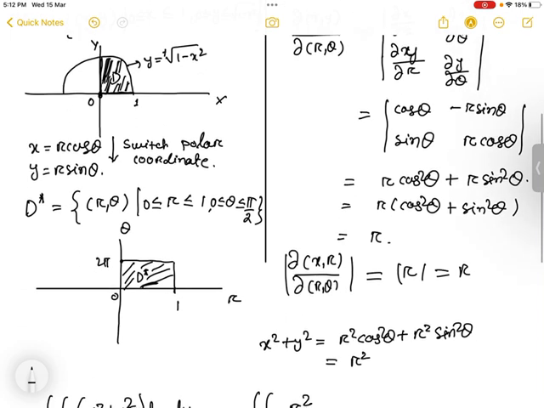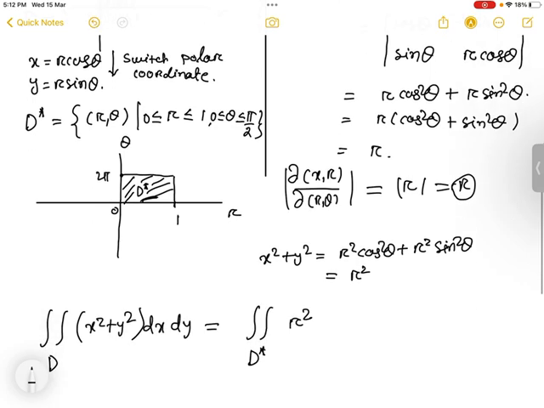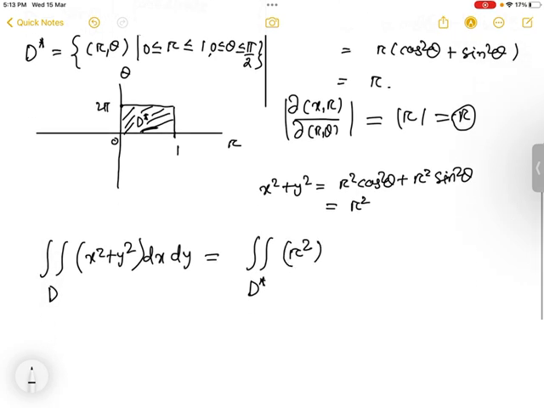What is the Jacobian? The absolute value of the Jacobian is r, so we put here r dr d theta. Now you see our integration becomes very much simpler. With this rectangular region, it is easy to integrate. So what is the limit? Here r is varying from 0 to 1, theta is varying from 0 to 2 pi.